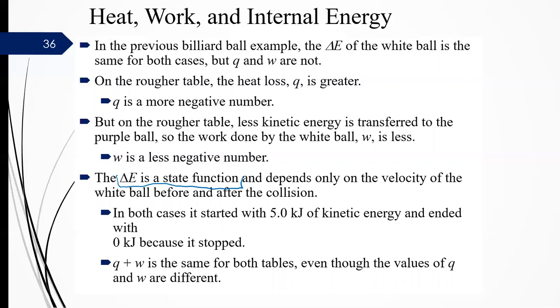It didn't care whether we lost that through work or heat. But work and heat did care whether it was a smooth table or a rough table. So Q is a non-state function, and W is a non-state function. They depend on your pathway, whereas our delta E didn't.